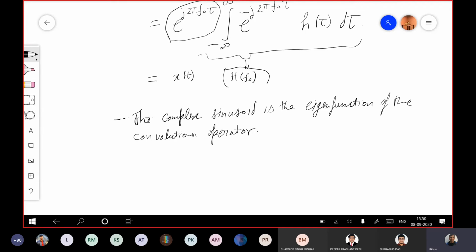So now I would like to ask you, you have heard the term eigenvector, right? Why is an eigenvector called an eigenvector? Yes.